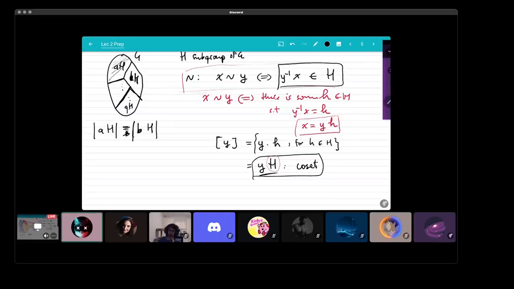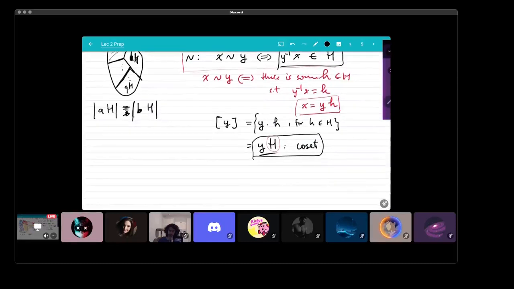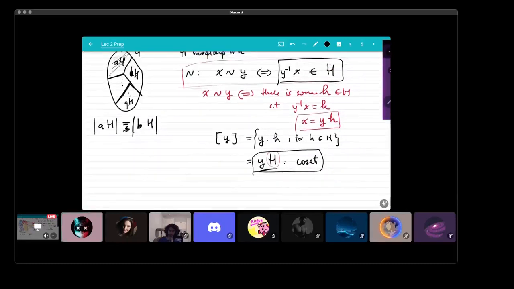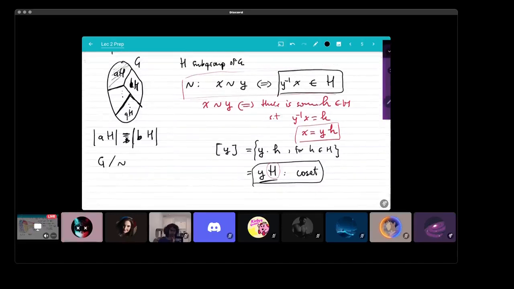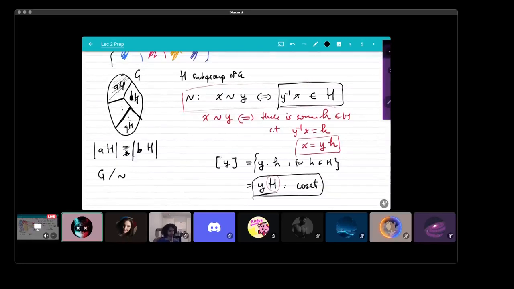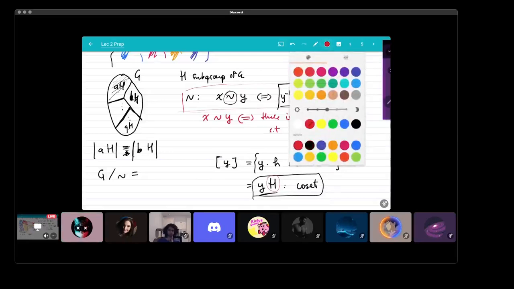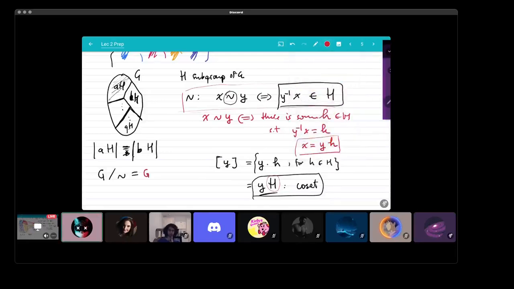Not only do they partition the group, but they're also of the same size. And the set of cosets, so the set of equivalence classes for this particular equivalence relation, can also be written as G/H.